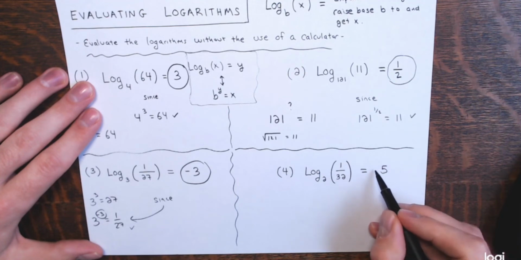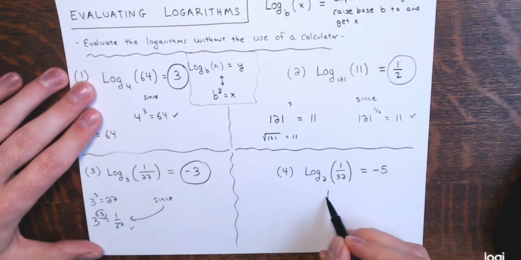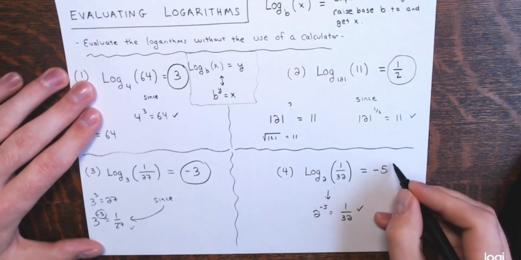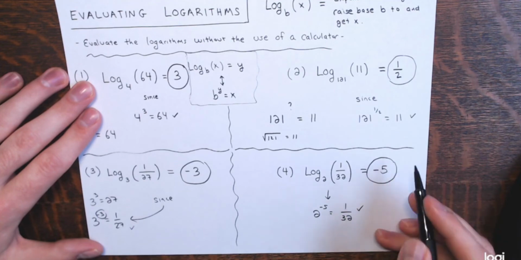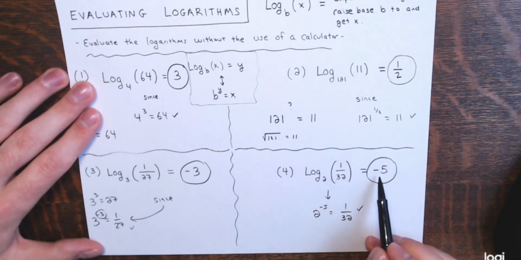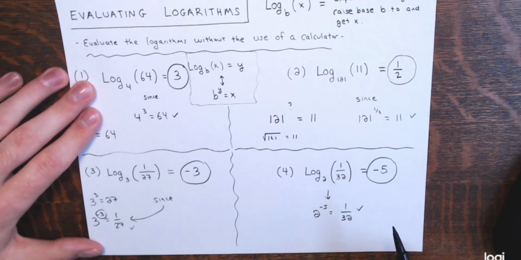And if you take 2 to the -5th power, putting this in exponential form, that would be 1/32, the reciprocal of 2 to the 5th. Remember, negative powers are just the reciprocals of the positive powers. And this works, so this is the correct value. The logarithm base 2 of 1/32 is -5, because 2 to the -5 power is 1/32.